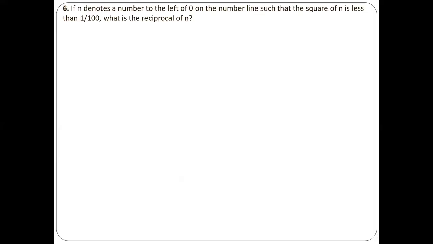By the way, it's a GMAT official question. It actually uses a lot of concepts that we've discussed so far in the class.